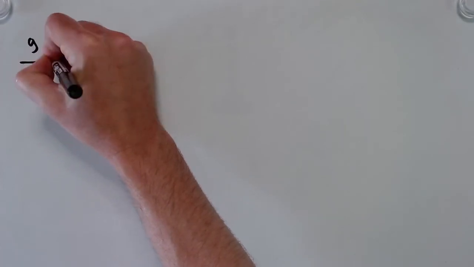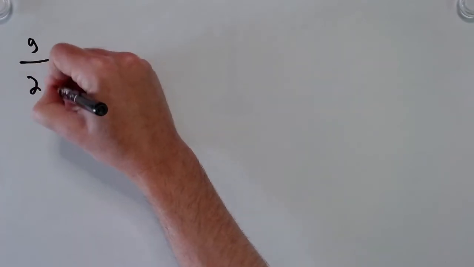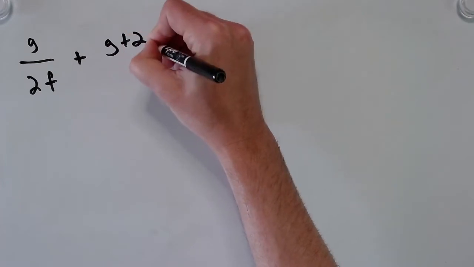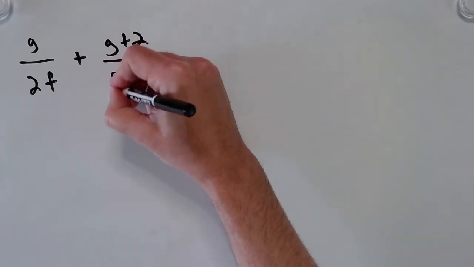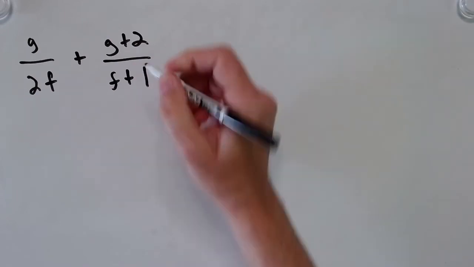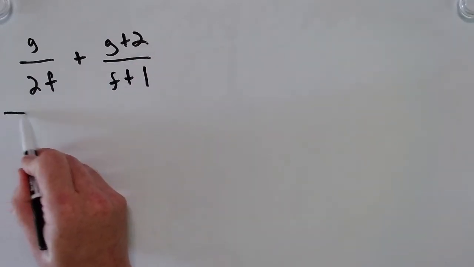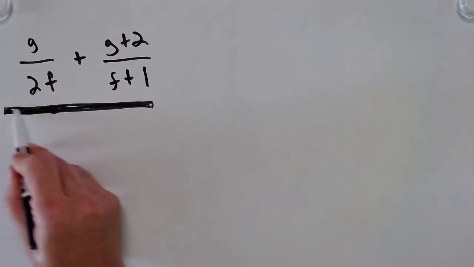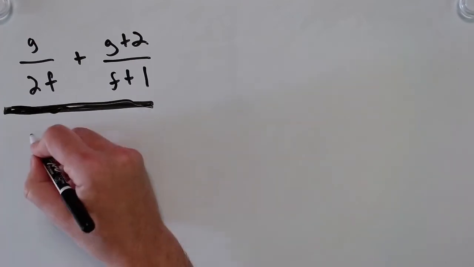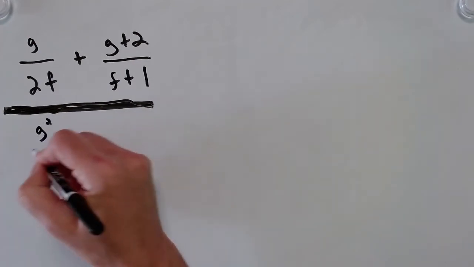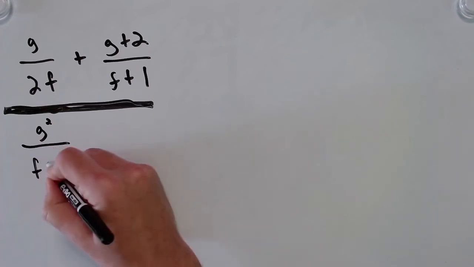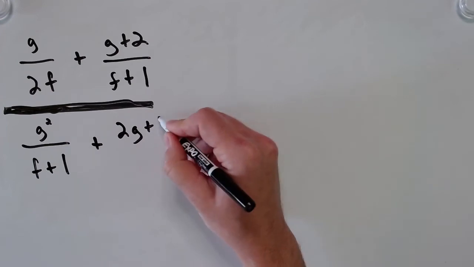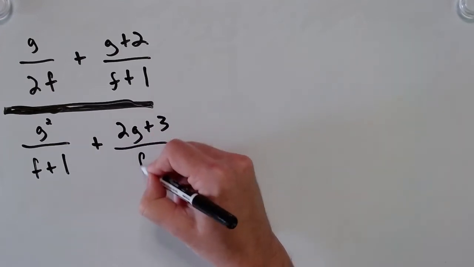We have g over 2f plus g plus 2 over f plus 1, all over, so we're going to put a mega fat bar, all over g squared over f plus 1 plus 2g plus 3 over f.